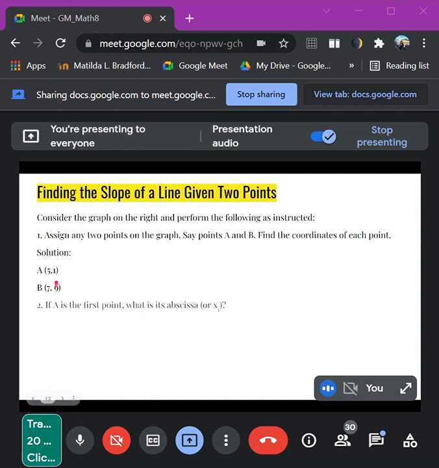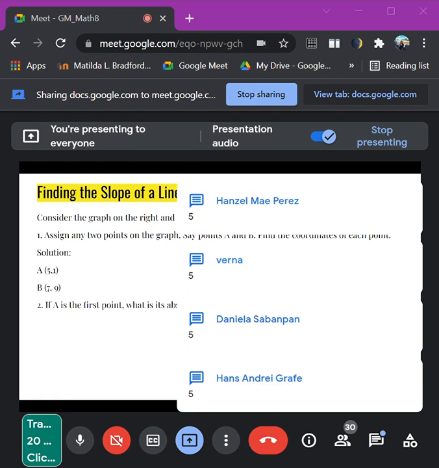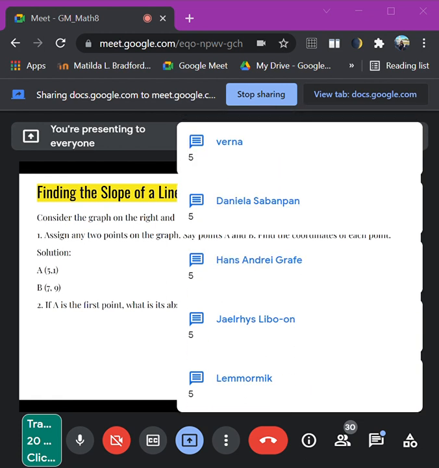So looking at our A, class, you have there 5 and 1. Which one is the abscissa, or the x, in 5 and 1? Is it 5 or 1? Abscissa. Okay, very good. That is 5.